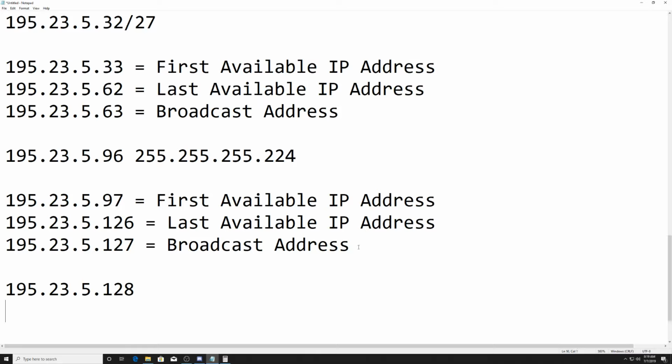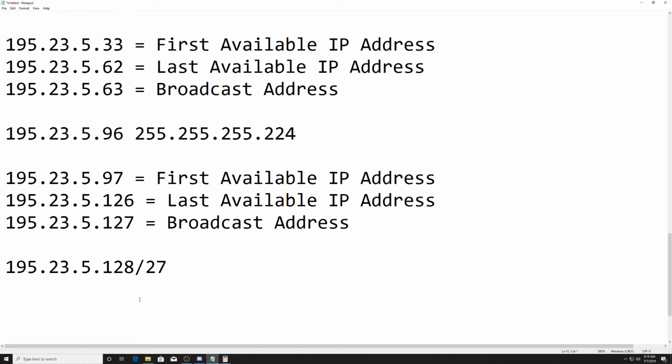Let me actually put a /27 right there. 195.23.5.129 is the very first available IP address that you can use.